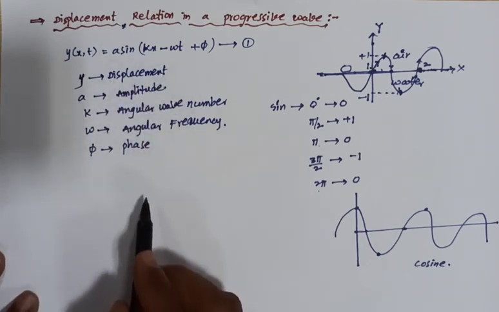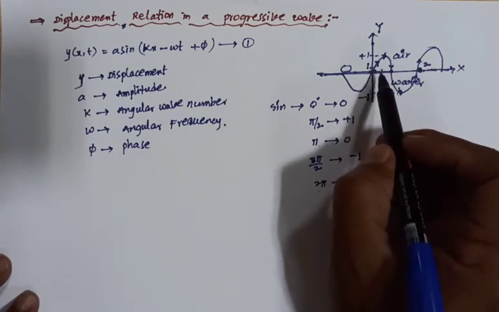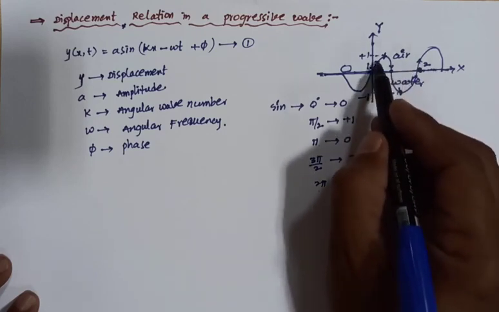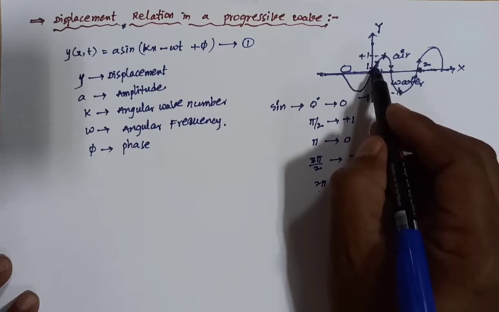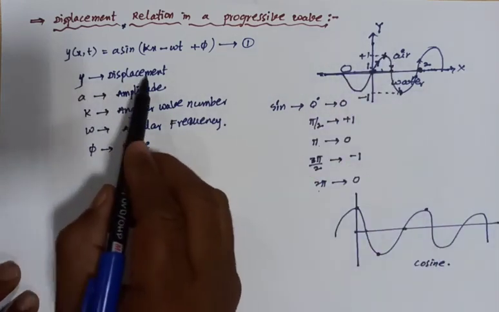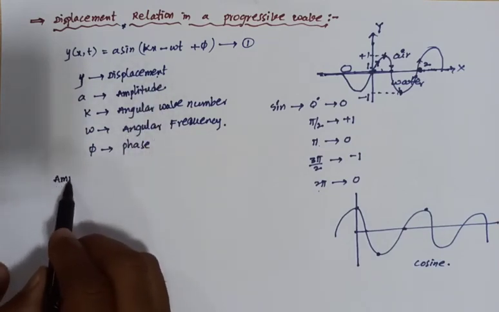Displacement is the position acquired by a vibrating particle during the propagation of the wave. Next one, amplitude.